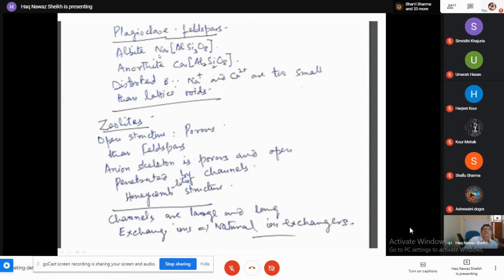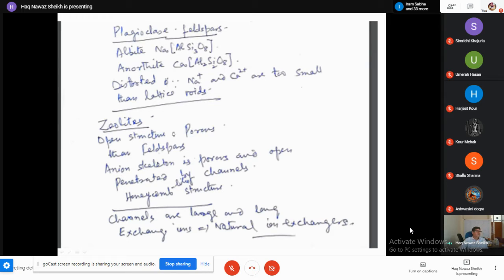Albite is an example, sodium aluminium silicate, the same structure in which one quarter of the silicon is replaced by aluminium, with the difference that instead of potassium you have sodium now. Anorthite is one in which half of the silicon is replaced by aluminium, and the cation outside in the voids is calcium instead of barium. They are distorted because sodium and calcium are too small compared to the lattice voids.